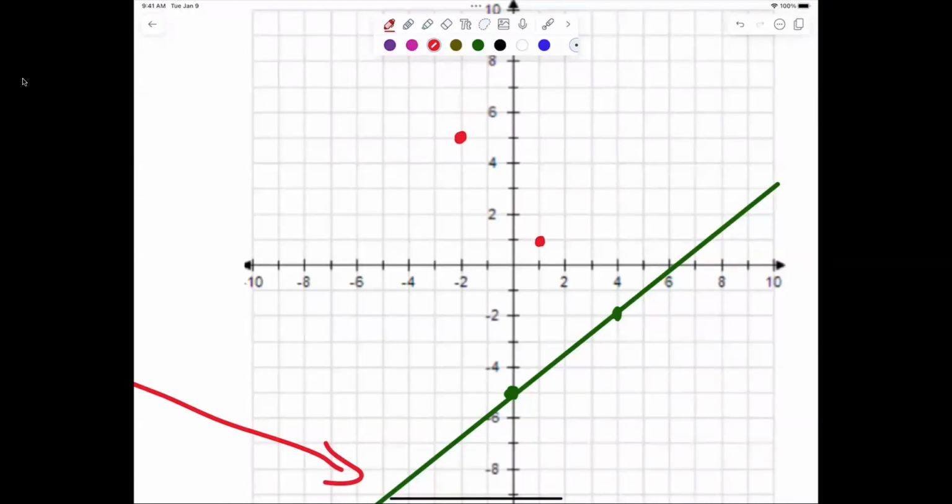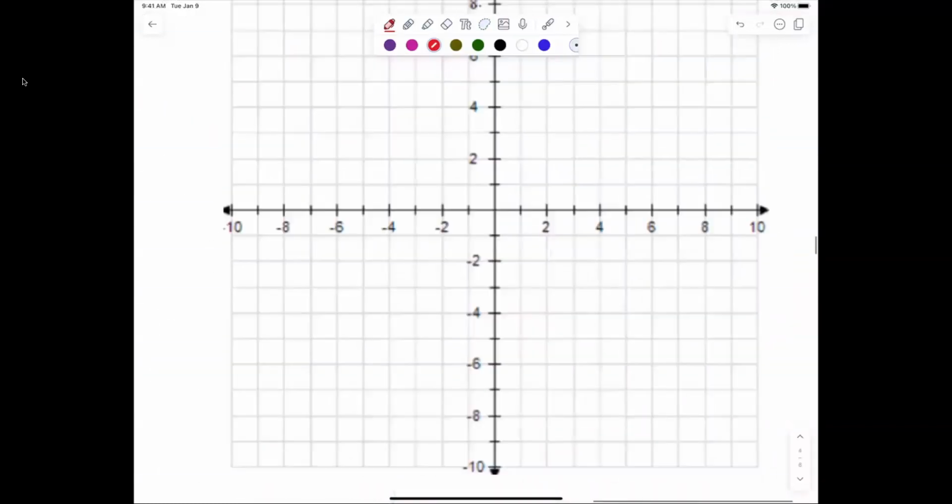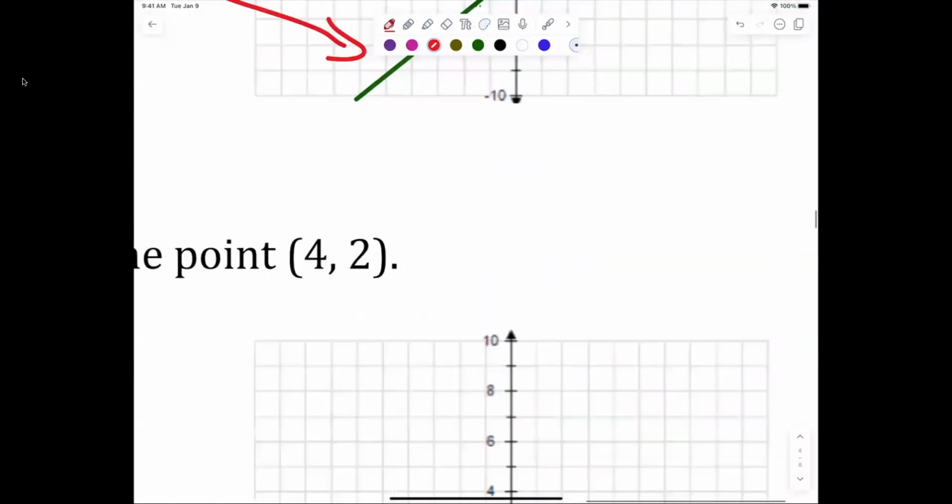Now, if you draw those lines, something magical will happen. They line up perfectly, and the intersection is what type of angle? Look at that angle right there. It's exactly 90 degrees.